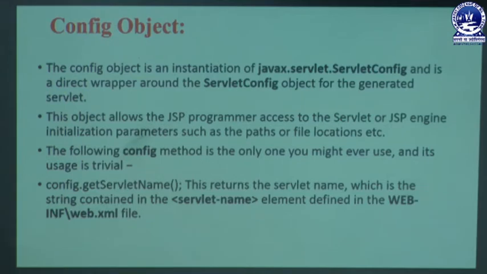This object allows the JSP programmer to access the servlet or JSP engine initialization parameters such as the paths or file locations, etc. Similarly, the config method is the only one you might ever use and its usage is trivial.